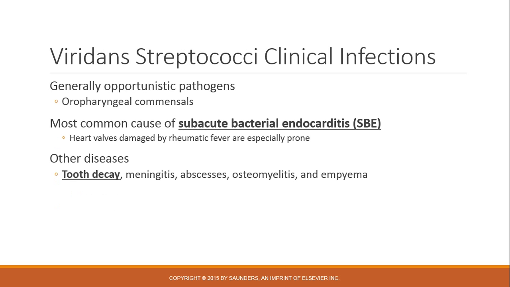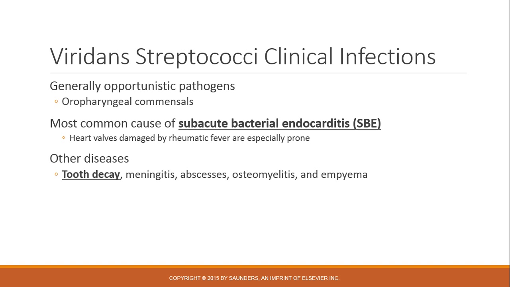Here, what I want you to recognize is that the organism is generally opportunistic. It's normal flora, but it will cause disease if it's given an opportunity. And generally what we see is this SBE, or subacute bacterial endocarditis. So it's inflammation of the heart. And then other diseases, tooth decay.